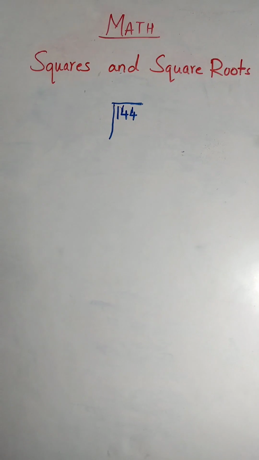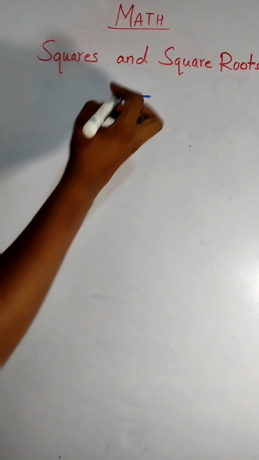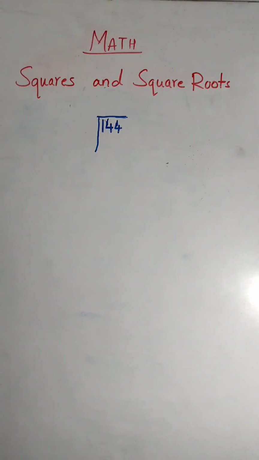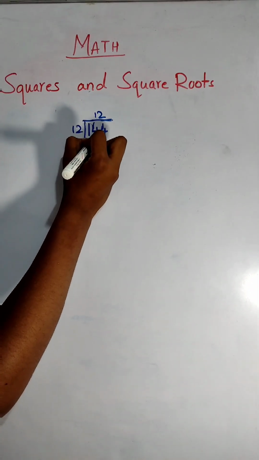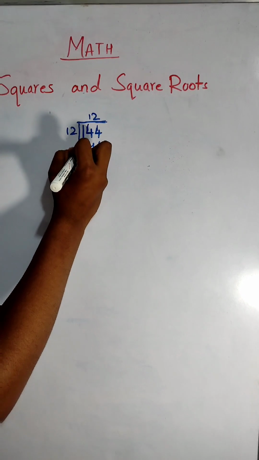So now that we know what we have to do here, you can try it on your own. The answer is immediately found as 12 by 12, which will still give 144 as the answer.